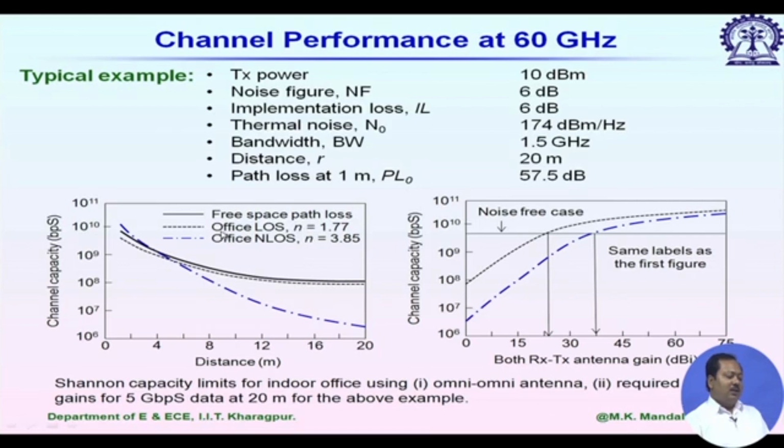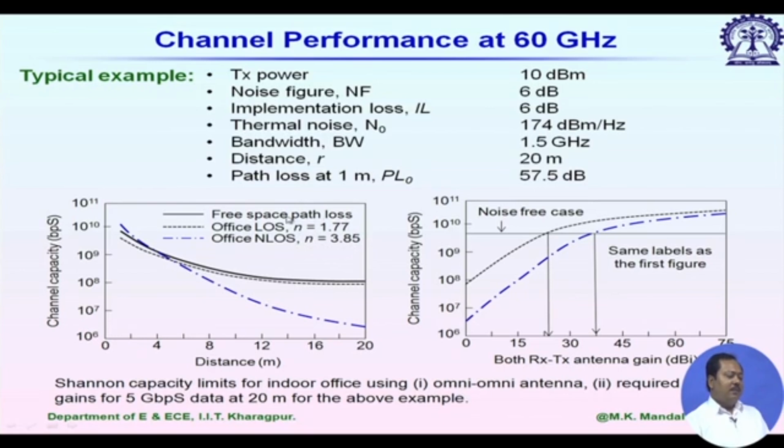Inside an office, for line of sight communication, the path loss index n in the Friis equation was n equal to 2. Here, inside the office, we are considering n equal to 1.77, and for non line of sight communication, which can be via reflection, n equal to 3.85, so we have higher loss.